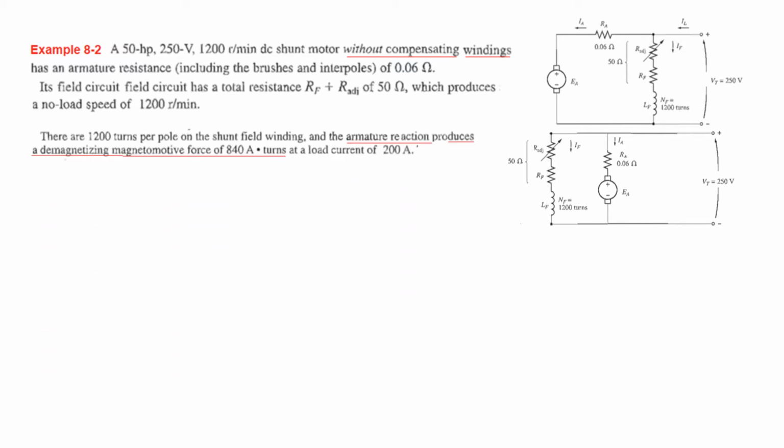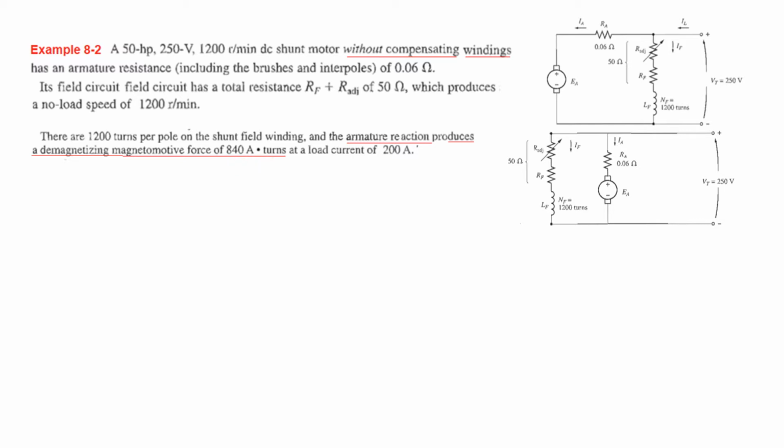Now let's keep reading the question and try to understand. There are 1200 turns per pole on the shunt field winding, and the armature reaction produces a demagnetizing magnetomotive force of 840 ampere turns.